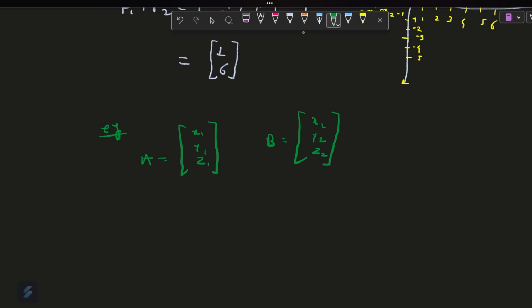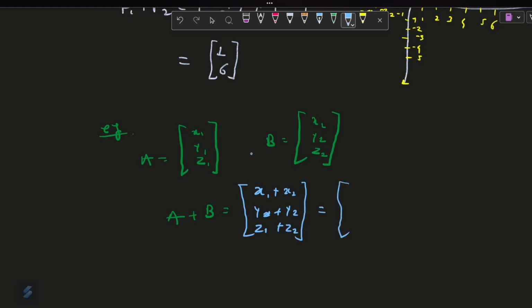When we add these two vectors, a plus b, we get the point x1 plus x2, y1 plus y2, similarly z1 plus z2. This is the new vector x3, y3, and z3.